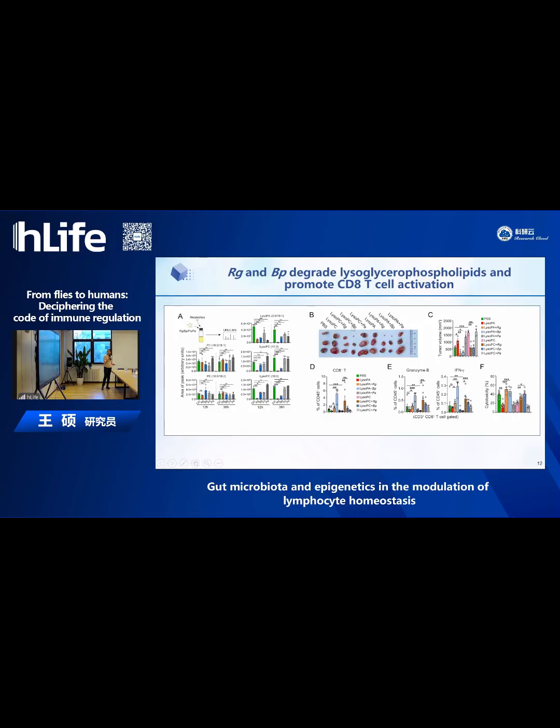However, when we injected the bacteria into the tumor, the bacteria can degrade the metabolites and also suppress tumor growth, and they can increase granzyme B and interferon gamma production by the CD8 T cells.